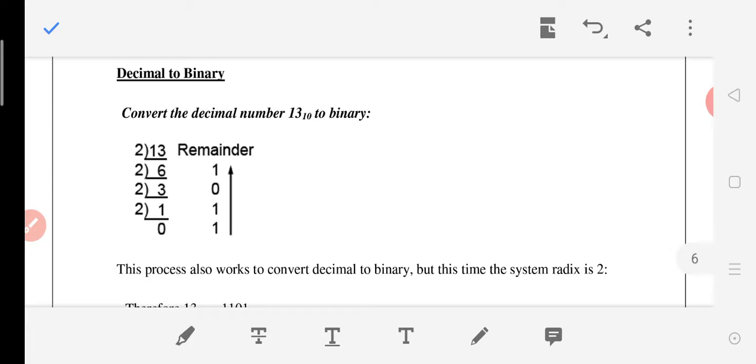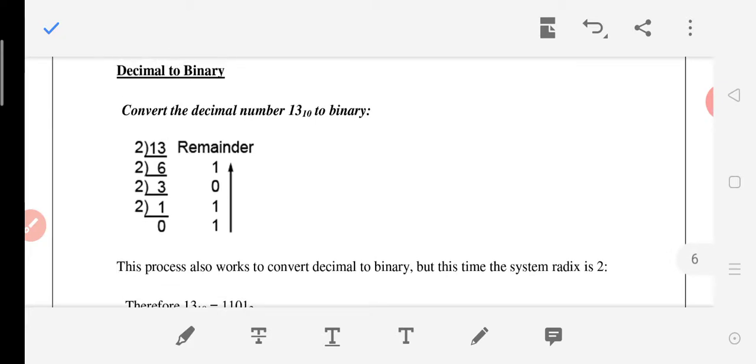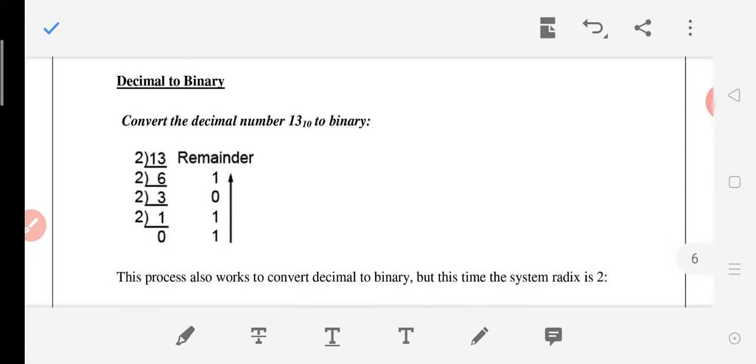I told you already this subject is very important for BTech and competitive examinations also. It is a simple topic when you practice, but sometimes it may seem critical for lack of practice. So please practice well.